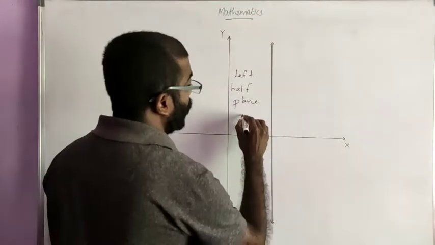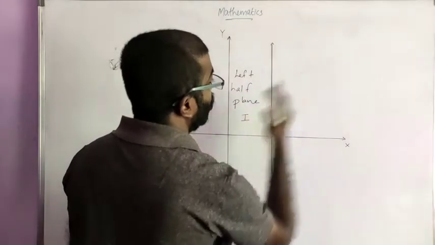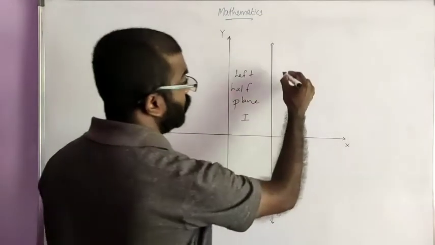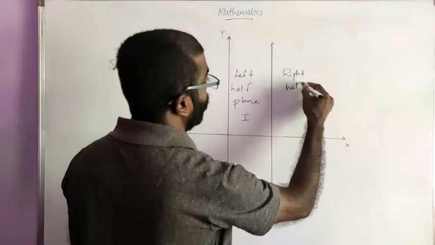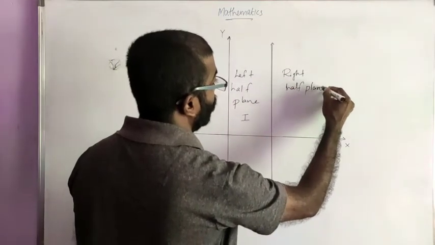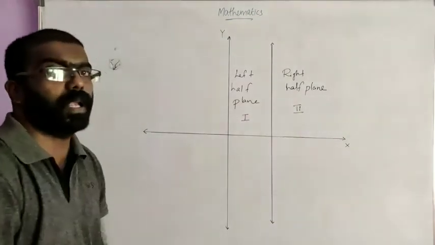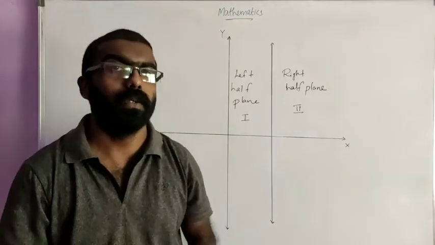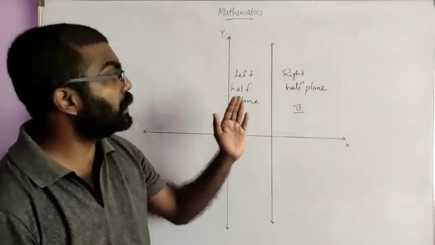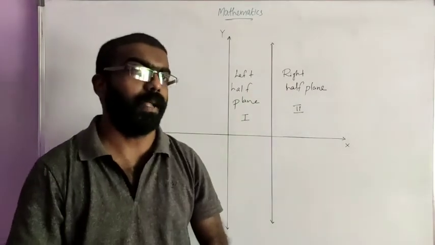We can mark it as first plane, and the right side of this line, that is known as the right half plane. Here we can mark it as the second part. Okay, so a vertical line divides the plane into two parts. One is left half plane and the other one is the right half plane.